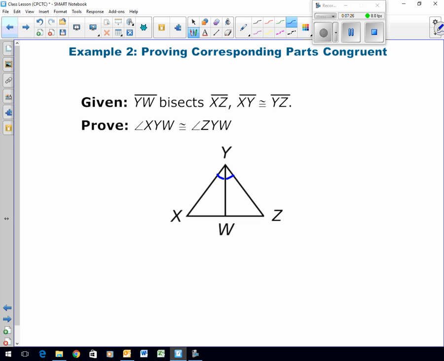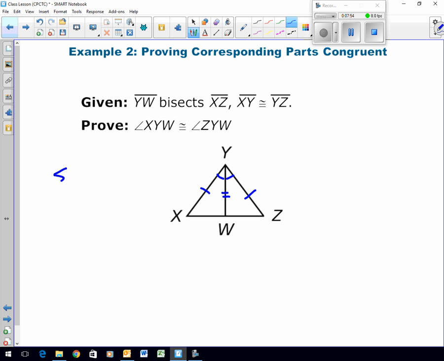If XY is congruent to YZ, what's true about these sides? They're congruent as well. Okay, I've got side, angle. What am I going to look for here? Which side is going to be congruent to itself? YW. That's side-angle-side on both triangles.